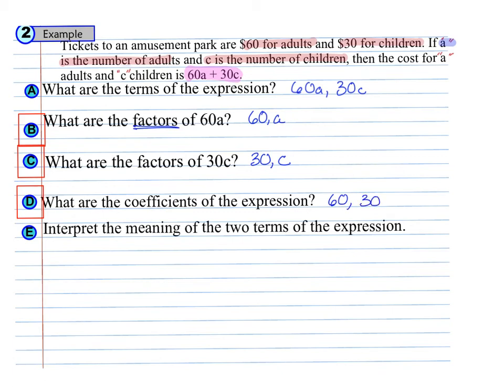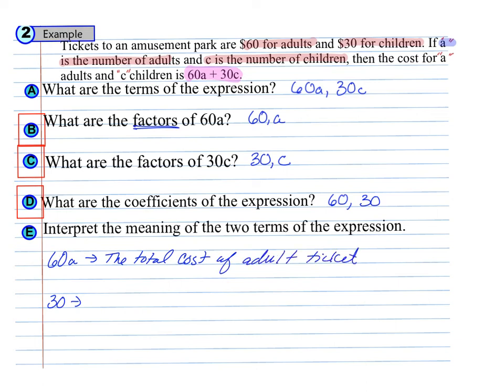And lastly, it says interpret the meaning of the 2 terms of the expression. So my 2 terms we know are 60A and 30C. And we know that 60A represents the total cost of adult tickets.